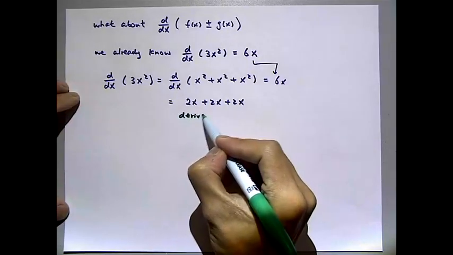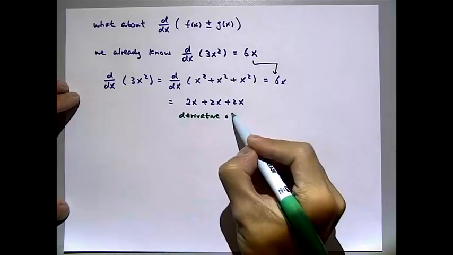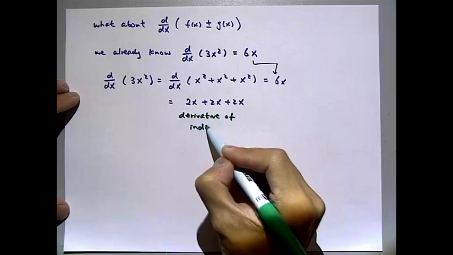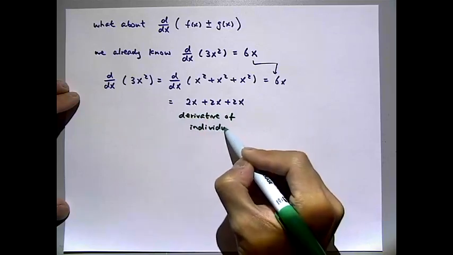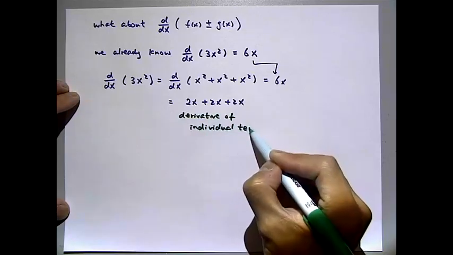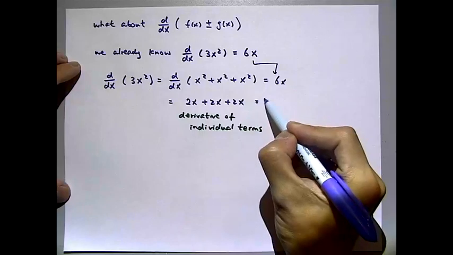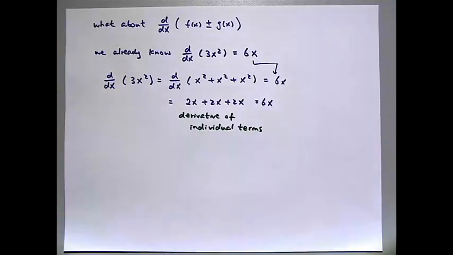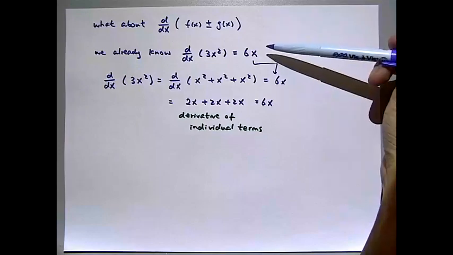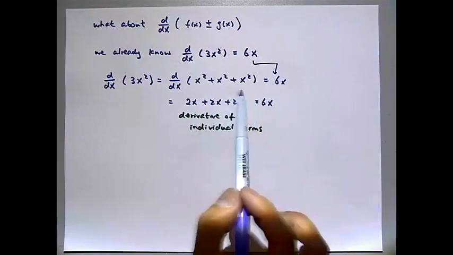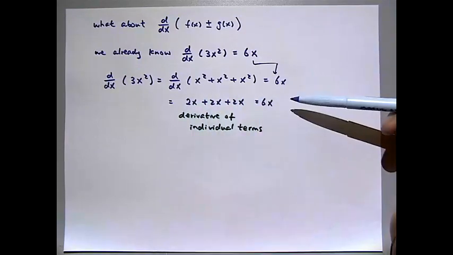So these are the derivatives of individual terms. And indeed, that does give me my 6x, which I know is what I should get. So knowing this as a fact and taking a guess, it seems like our guess is correct.